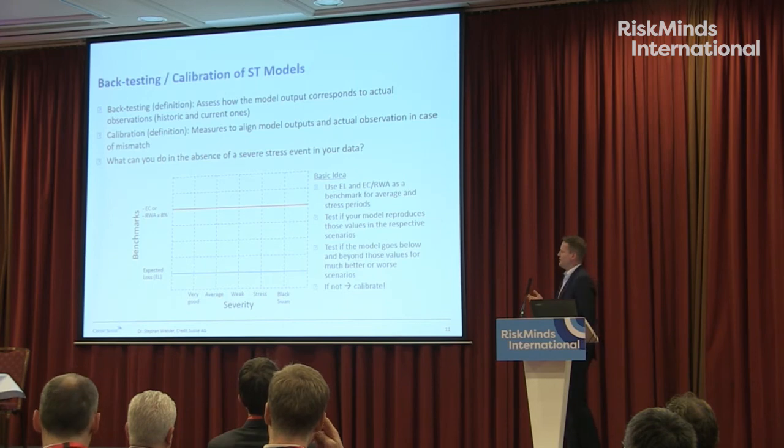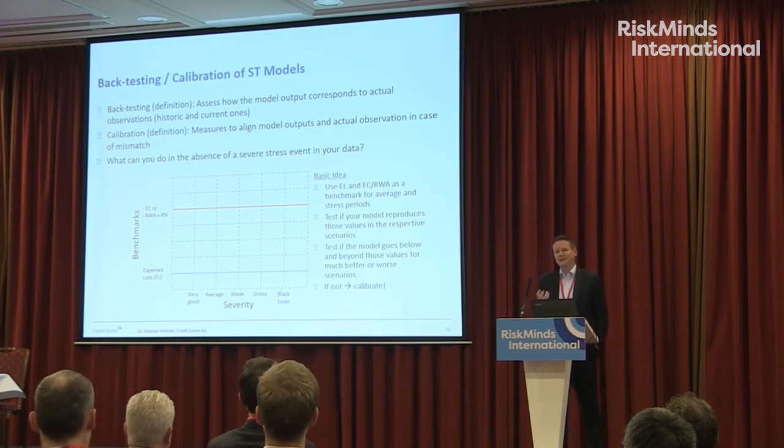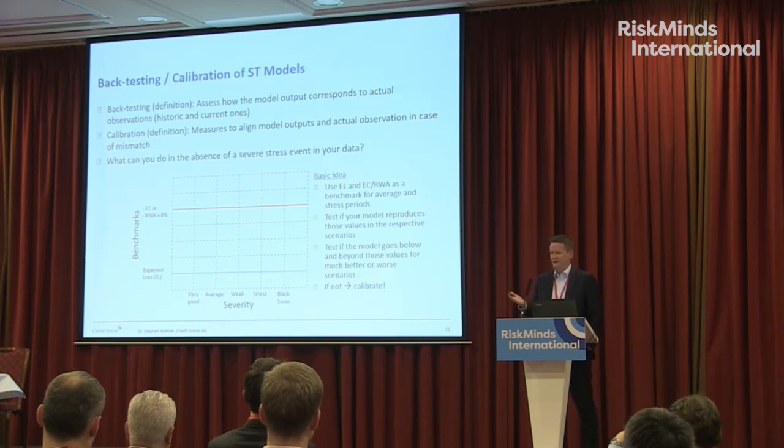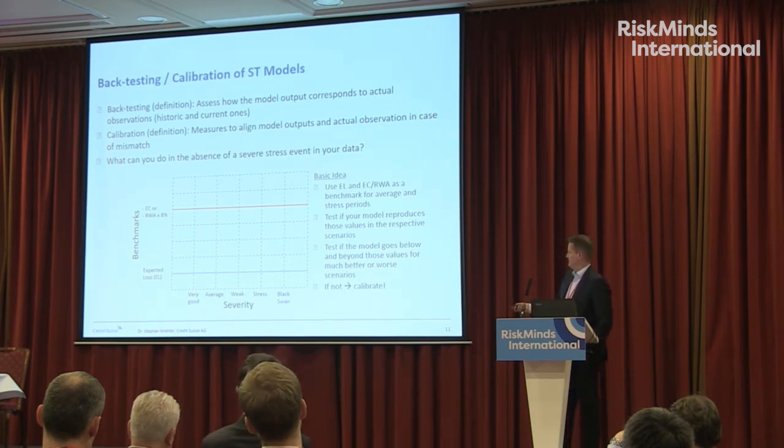But what can you do if you don't have a long history of data and you still want to make a statement whether your model has the appropriate sensitivity or not? I think what we all have, at least maybe IRB banks, is a certain perception of what our expected loss is. We have 10 years of data, 15 years of data, maybe even more. And this we know. We have an expected loss.